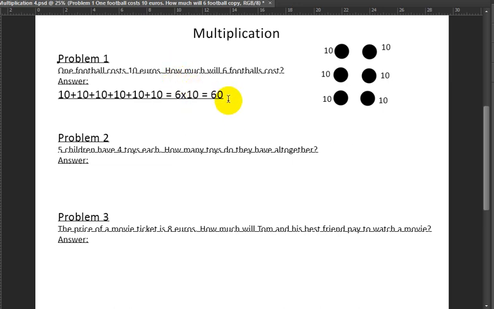So 6 times 10 makes 60, right? So here my answer should be that 6 footballs will cost 60 euros.